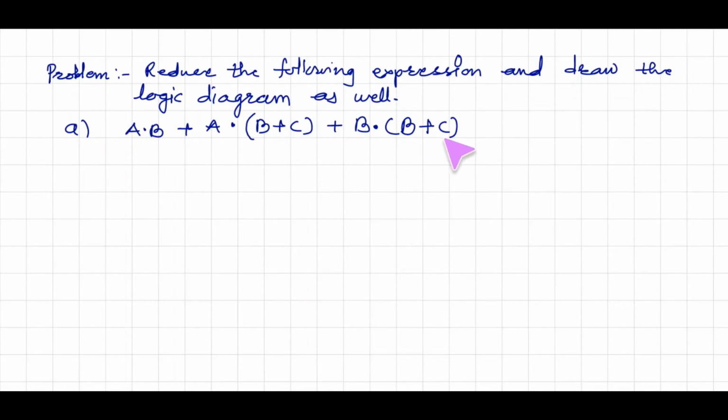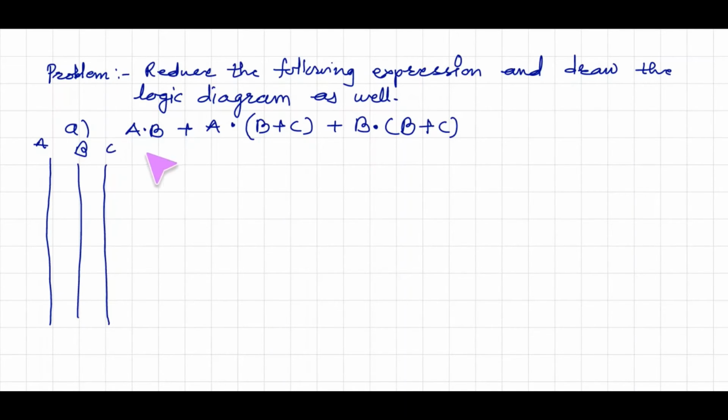Now if we want to draw a logic diagram for this, remember that there are three input variables a, b and c. So this is a, this is b, this is c. These are three inputs.